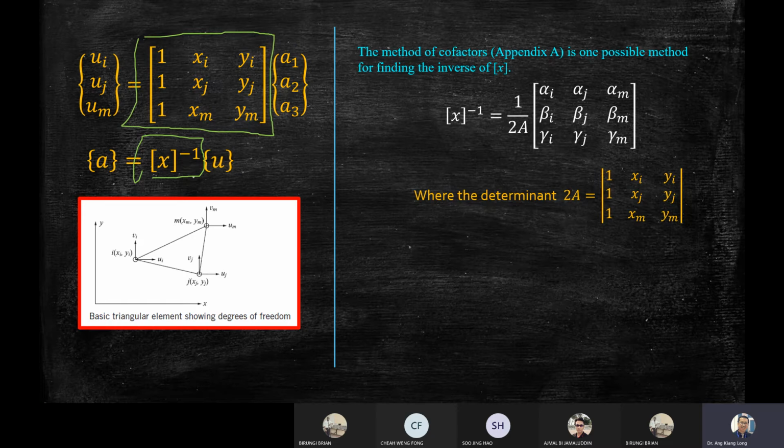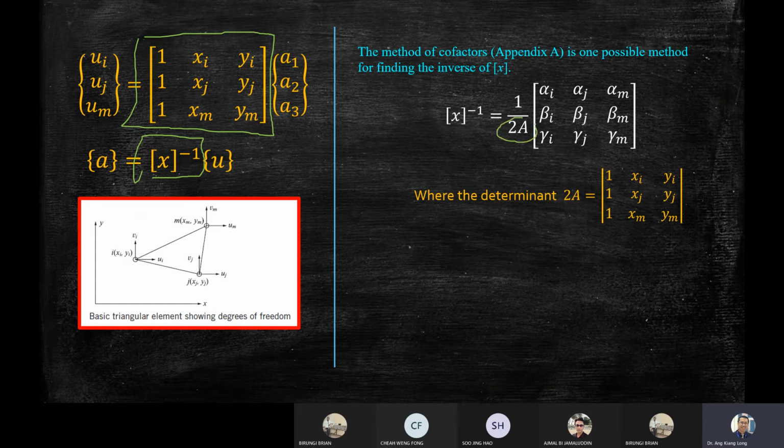X inverse will equal 1 over 2A, and then you will see all the values after you do the inverse. I will label and simplify the new numbers as alpha i, alpha j, alpha m, beta i, beta j, beta m, gamma i, gamma j, gamma m. These are new numbers after you do the inverse matrix, just to give you some convenience.